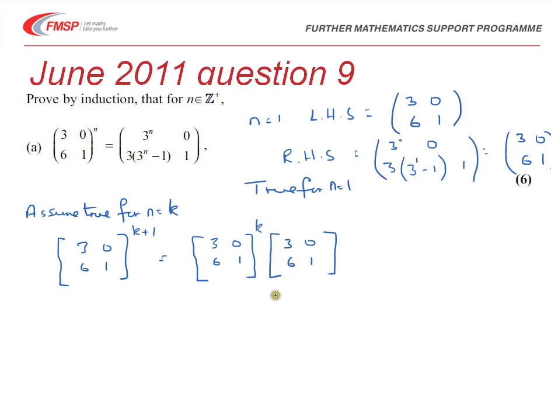However, I'm going to do it in this order, but we're going to assume the truth of the first matrix being given by 3 to the power k, 0, 3 times 3 to the k minus 1 and 1. And we're multiplying that by the matrix 3, 0, 6, 1.